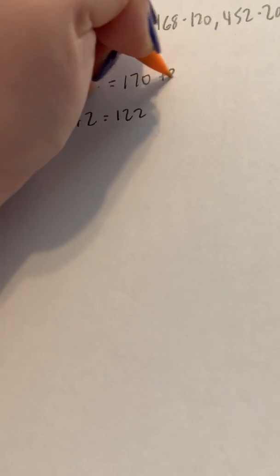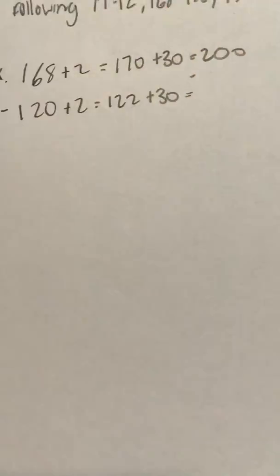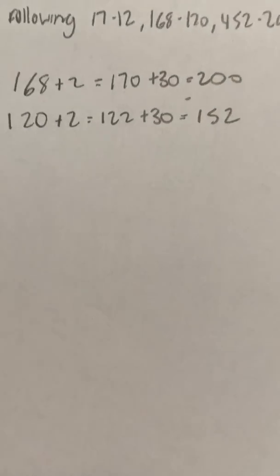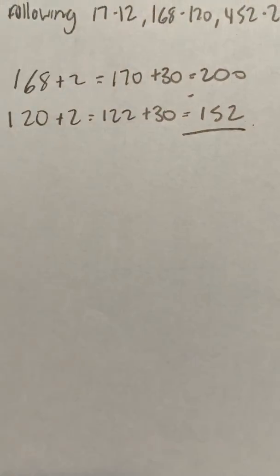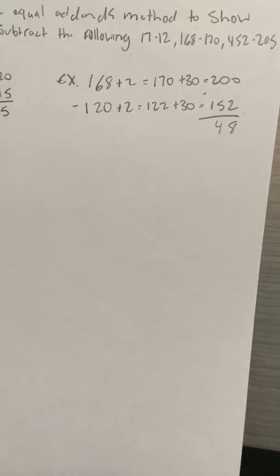So plus 30 plus 30. So that's going to be 200 minus 152. All right, and then that is going to be 48. There we go. And that's that one.